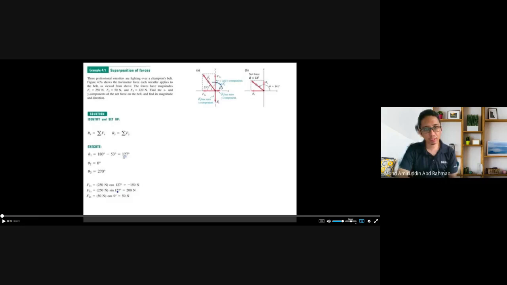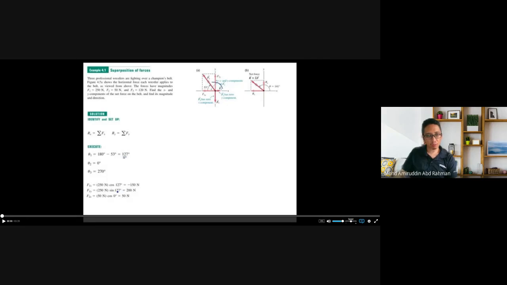Let's say we have an angle there, the angle of F1, which is 127 degrees from the x-axis. Then F1x, in terms of x, will be 250 times cos 127, so we obtain minus 150 newtons.